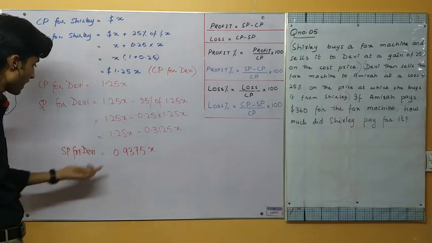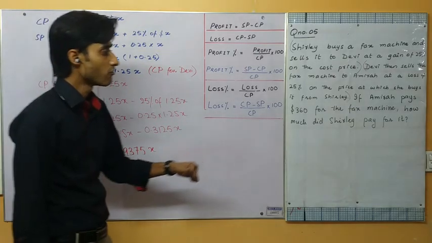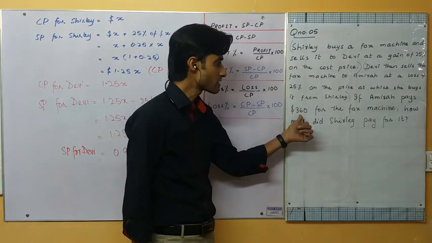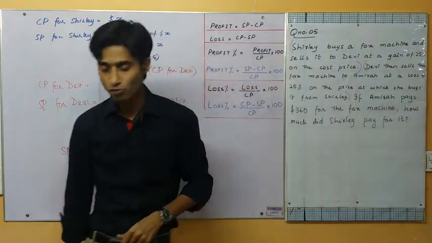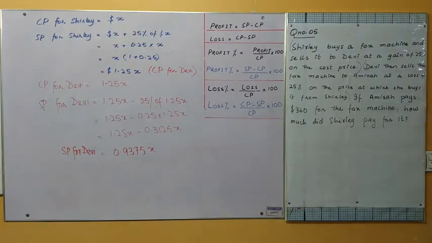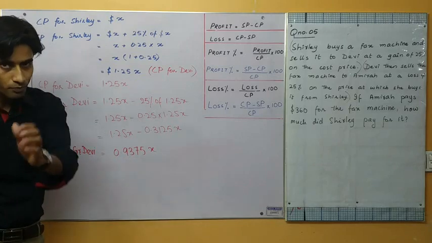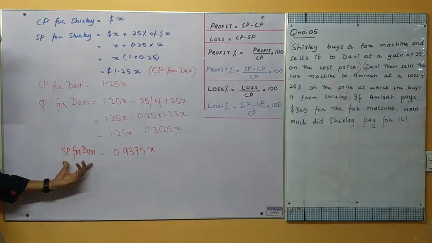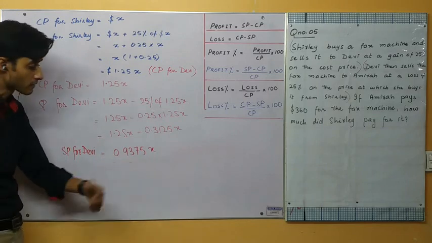We know that Devi has sold it for 0.9375 of x, which is the cost price for Amira. If Amira pays $360 to be exact, now we know the exact amount that Amira has paid. The cost price for Amira was actually the selling price for Devi, and Devi's selling price is in terms of x.